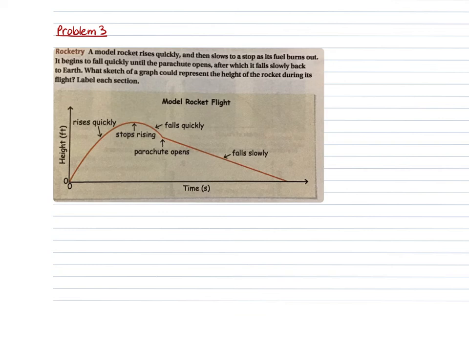When it's talking about this as falls slowly, it's constantly falling. This is falling faster, falling constantly, slowly, right? Rising quickly, slower, stops, falls quickly, parachute opens, falls constantly. So a line is going to be a constant fall.